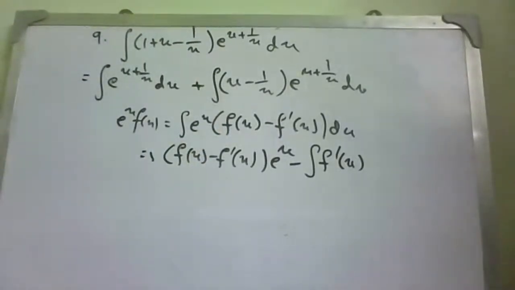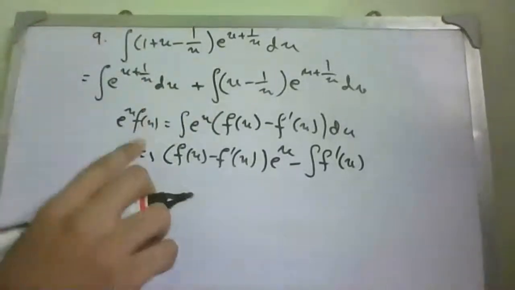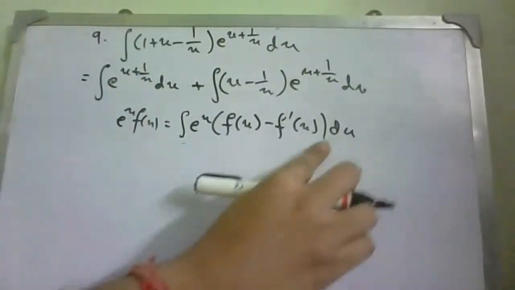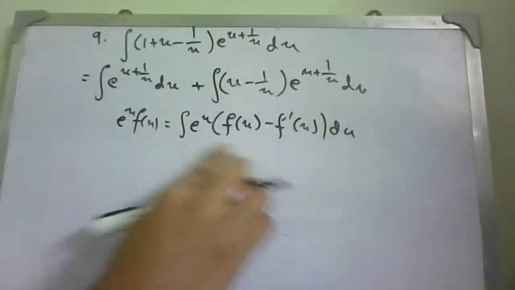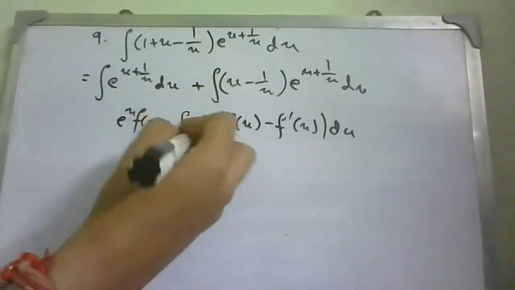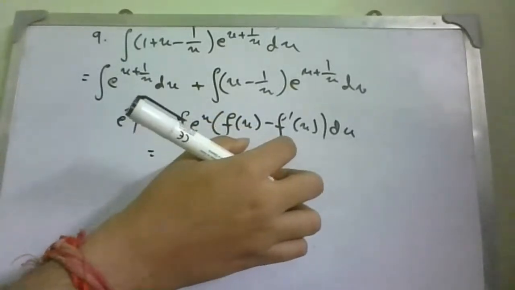So if we're just applying the by parts, while applying the by parts, what we can do? This is always a second function, so this needs to be the first function.